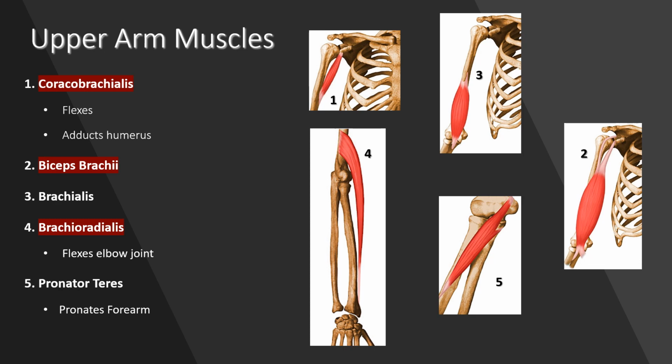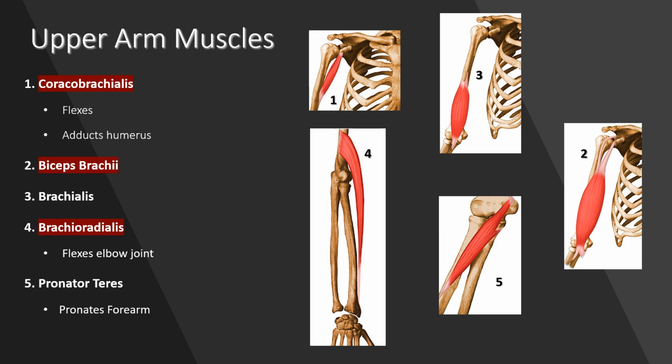Now these three muscles flex the elbow. The pronator teres is a little muscle there which pronates the forearm. I don't think we've actually got a picture of it. No, we haven't on that one. But it's a little muscle right in the elbow, and it's called the pronator teres.